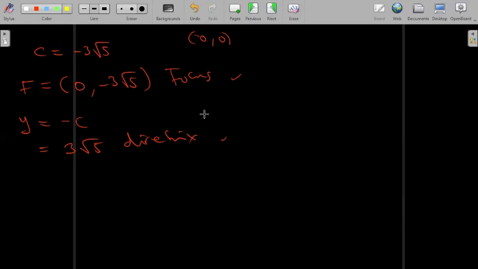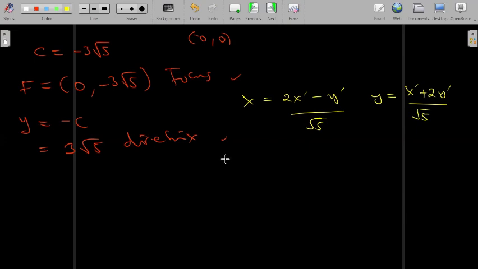From here, I just replace. Now I plug in. So remember those formulas that we said. We had x equal to this minus this prime over root 5. So this was our x, and our y was x prime plus 2y prime over root 5. Okay, so getting that, then I can replace that.